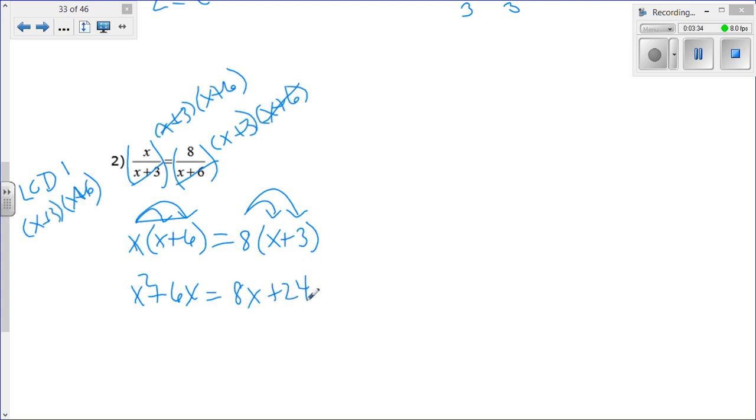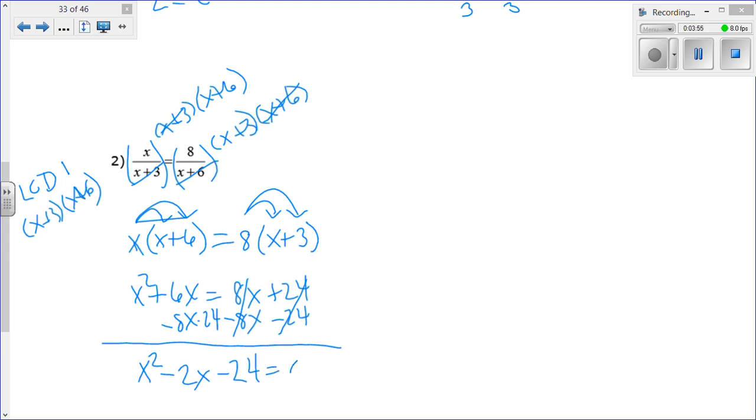Anytime I have an x squared, it's a quadratic, so I have to get everything to one side of the equal sign. So I'm going to subtract 8x and also subtract the 24. Get it equal to 0. So I will have x squared minus 2x minus 24 equals 0.